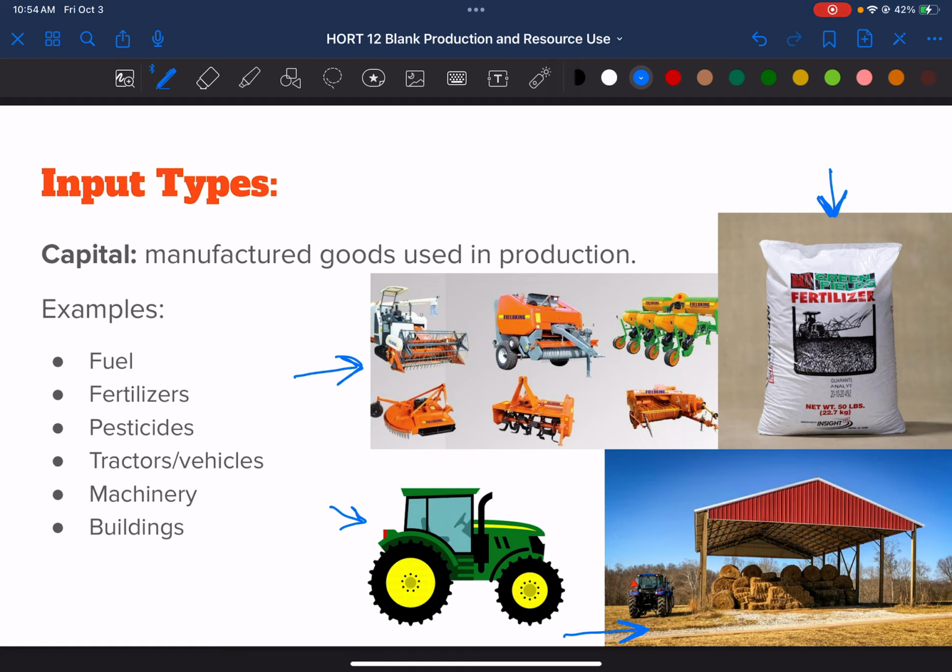Buildings are capital input. It's easy to want to think of them as a land input since they are often not mobile and they come with the land, but they're actually a capital input. So fuel is another one. Any other kind of machinery or any other kind of physical input that has to be purchased from another producer.